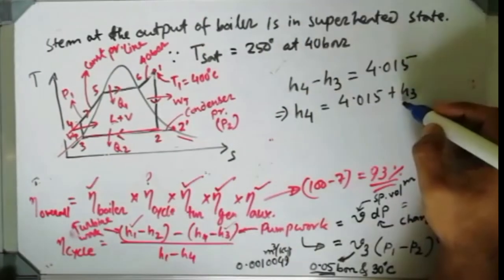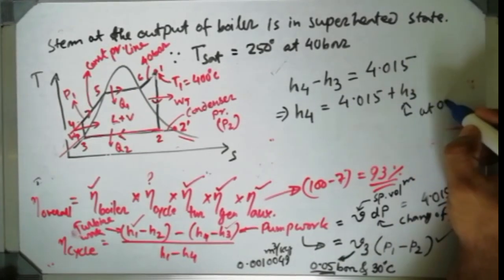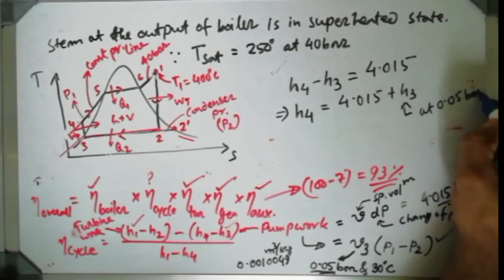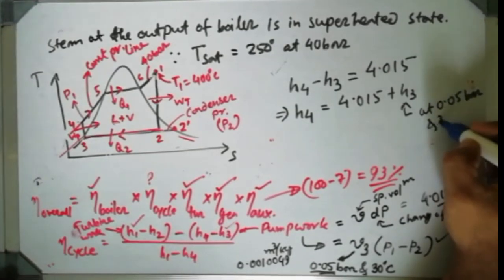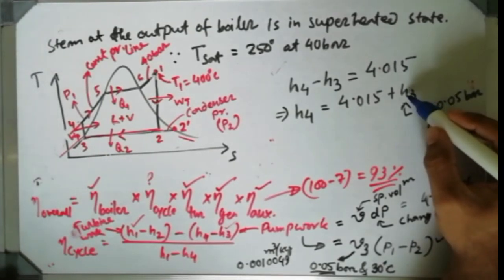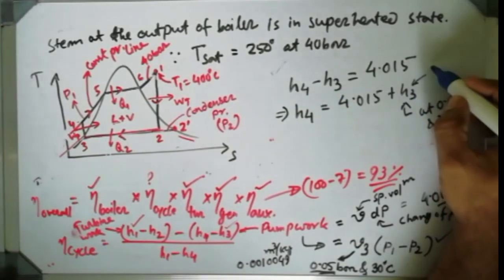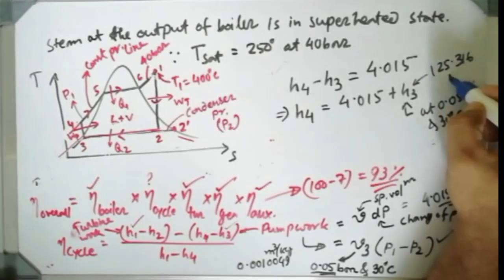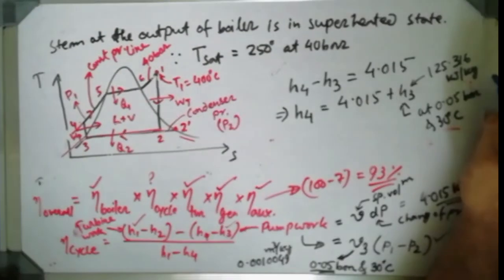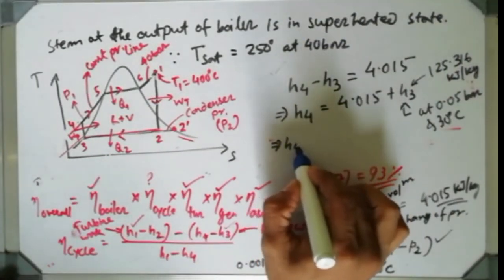And the H3 value is very easily available from the steam table at 0.05 bar and 30 degrees centigrade. I have got this enthalpy value from the steam table as 125.316 kilojoule per kg. So if we put this value, you get the H4 value.